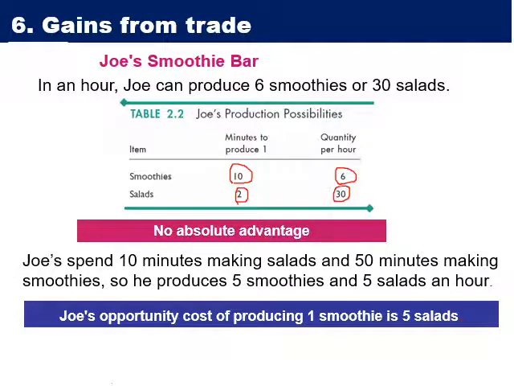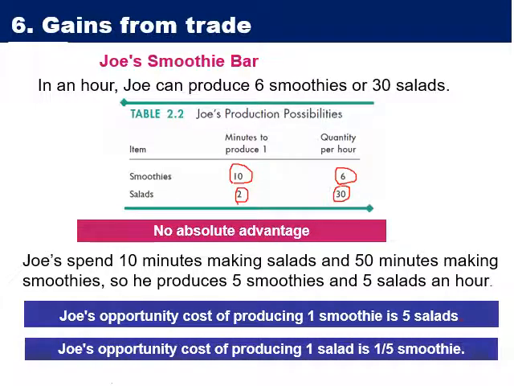So we can say that his opportunity cost of producing one smoothie is 5 salads. On the other hand, if he wants to increase the production of salads by 1 unit, he must give up producing 1/5 smoothie, which means that his opportunity cost of producing one salad is 1/5 smoothie.